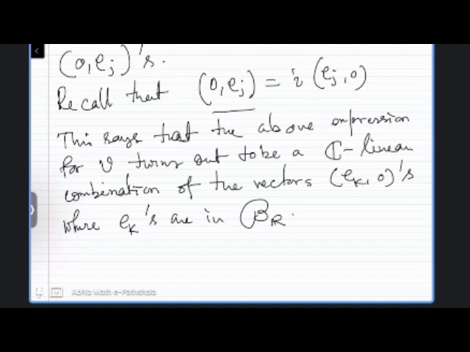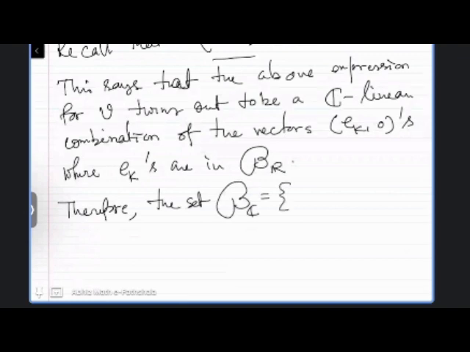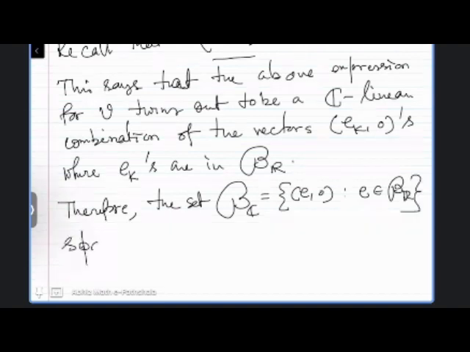Okay. Therefore we can say that the set BC, which is the set consisting of vectors (e, 0) where e has been chosen from BR, spans VC.